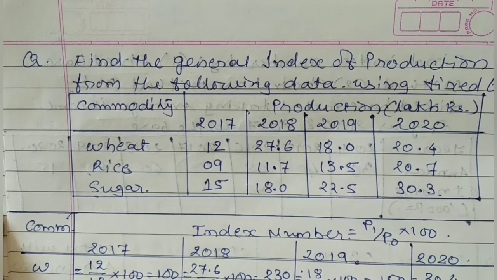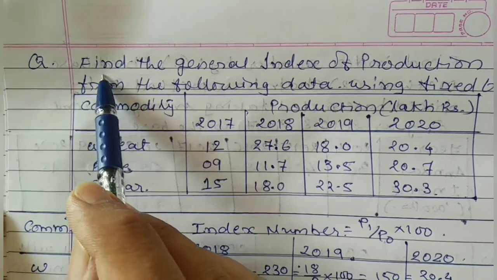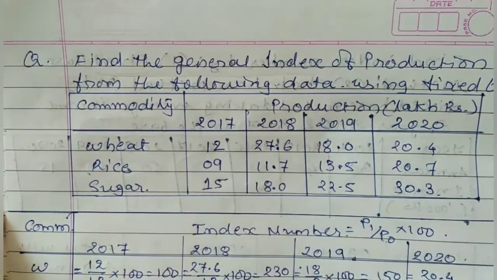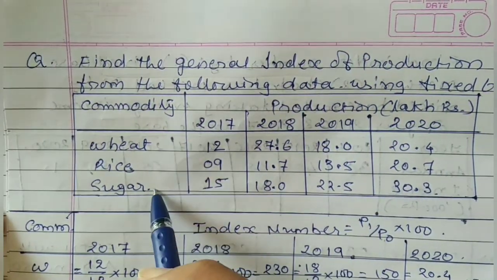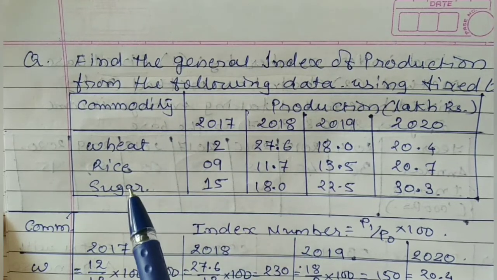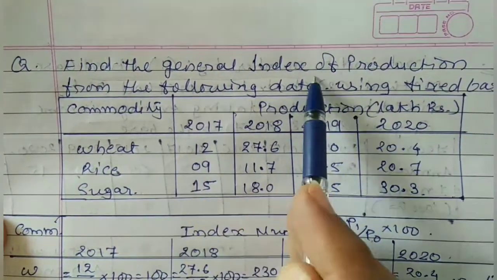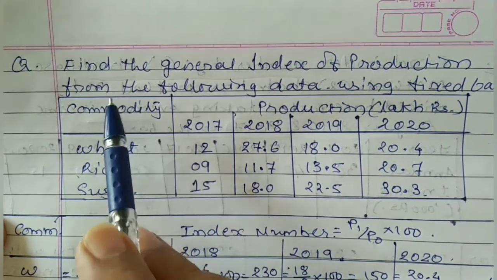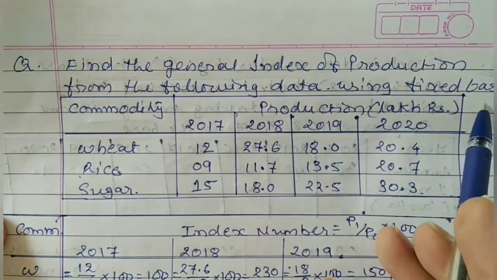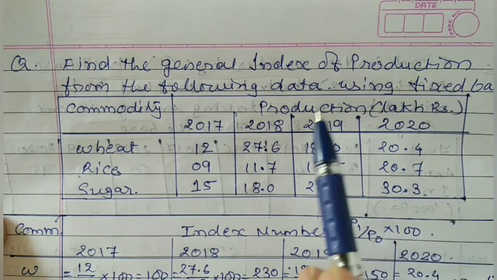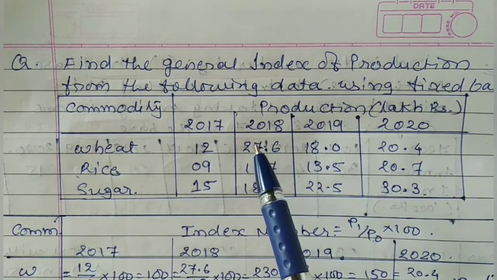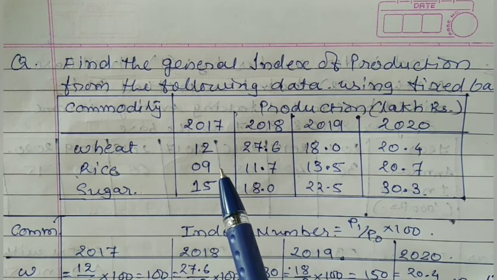Now students, they have asked to find out the general index number, that means the common index number of the information given to you. It is written: find the general index number of production from the following data using fixed base. The calculation we have already seen, fixed base and chain base.